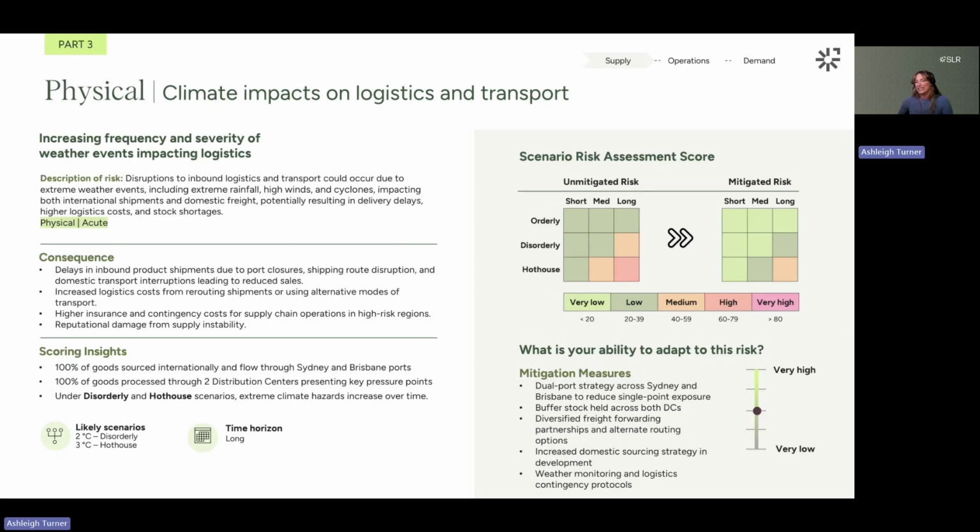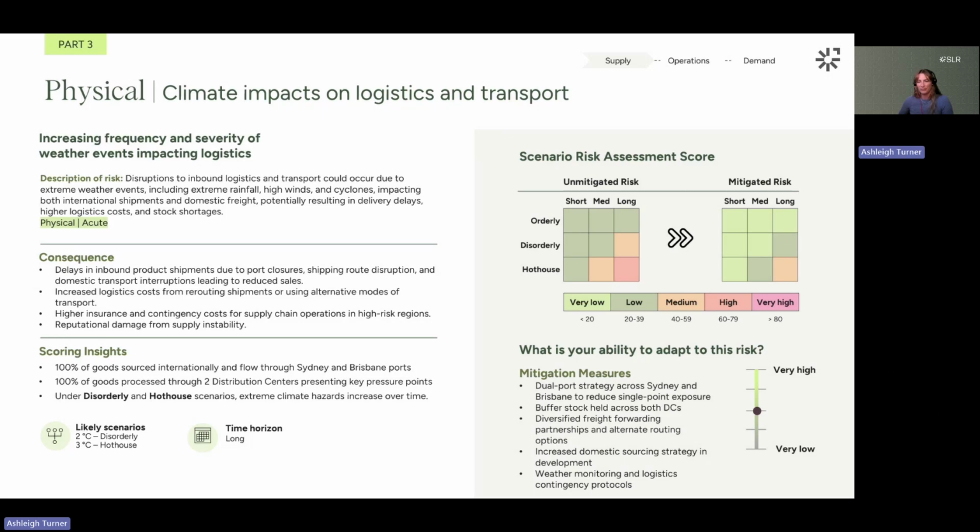And then on the right, you see the scenario risk assessment score matrices. We've got unmitigated scores and mitigated scores across the orderly, disorderly, and hothouse scenarios that we introduced earlier, and each of the time horizons. Here you're seeing that the unmitigated scores show that the risk is increasing over time, and it's more pronounced under the disorderly and hothouse.